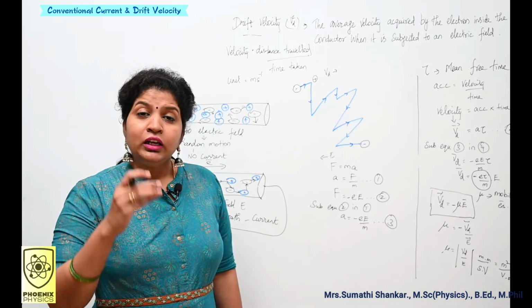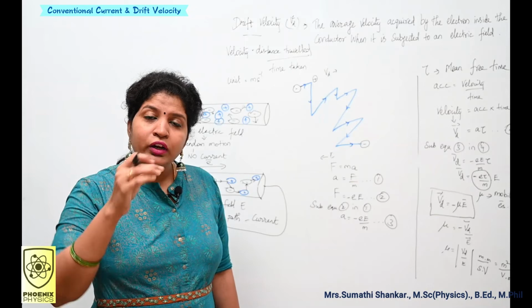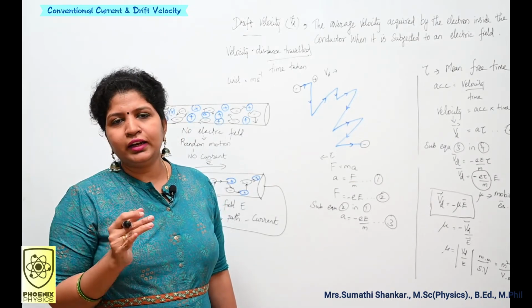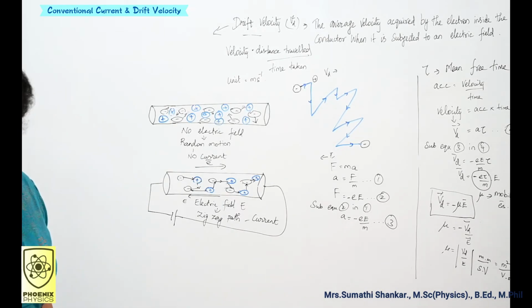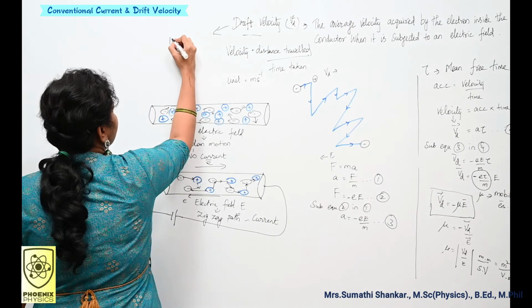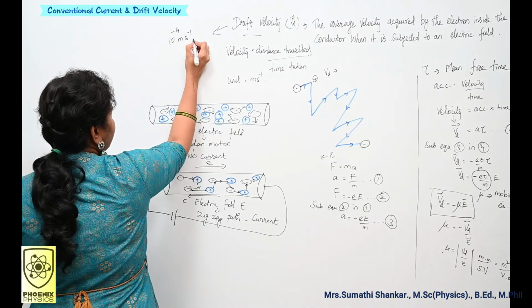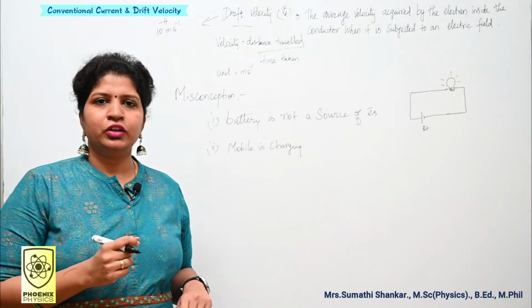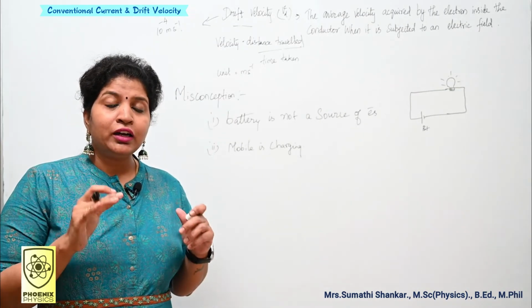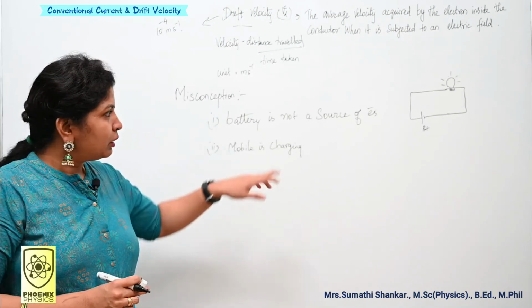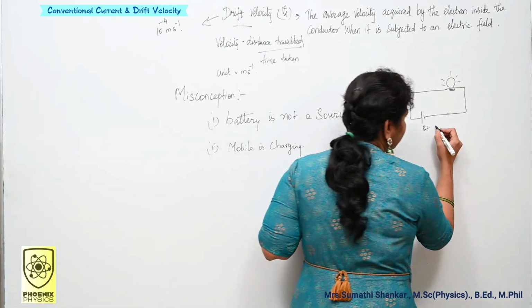We know that electrons move slowly along the conductor in a direction opposite to the electric field. The drift velocity of the electron inside the conducting wire is 10 to the power of minus 4 meter per second. Now a misconception is given. First one: battery is not a source of electrons. You know that the battery gives potential difference.